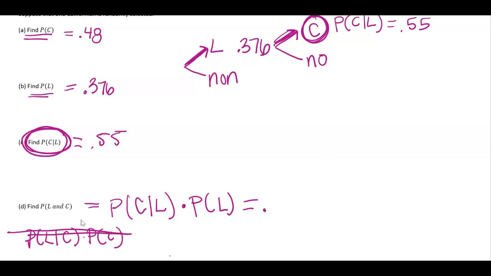So I'm going to multiply that branch together to find the intersection. 0.55 times 0.376 gives me 0.2068.